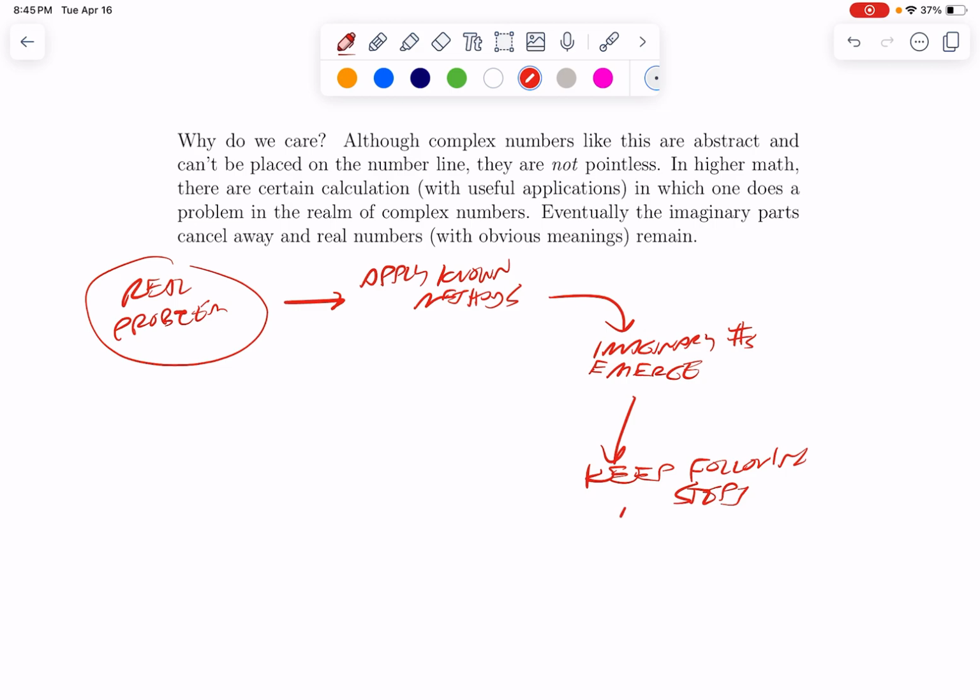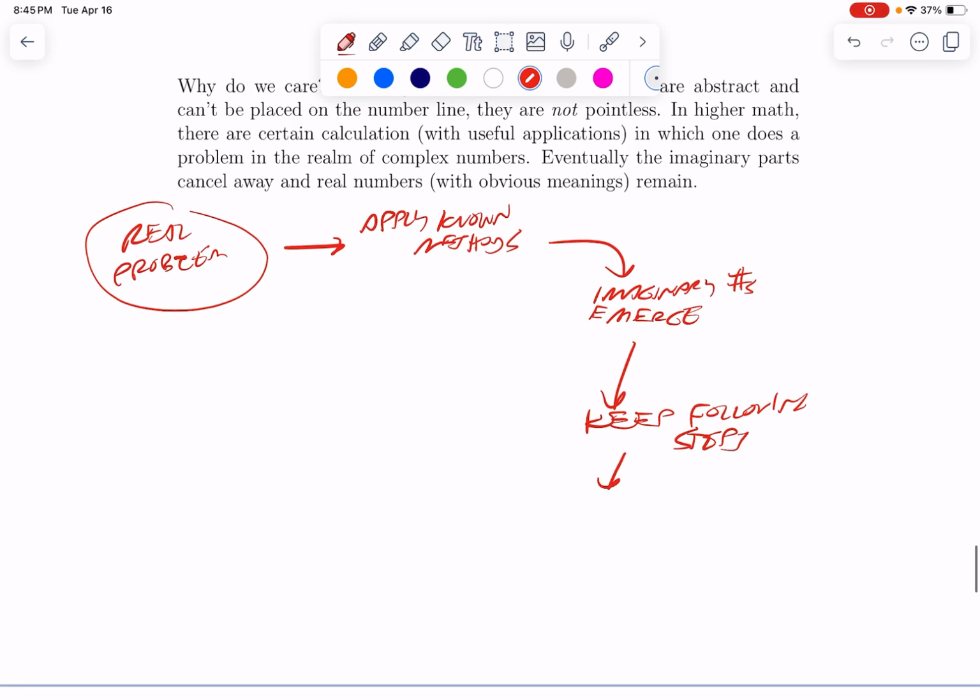And in many cases, you keep following the steps and all of the i imaginary stuff cancels. And you get a real, meaningful solution. So you kind of have to wade through the land of complex numbers in order to follow all your steps. But then you notice all that imaginary stuff goes away by the end.